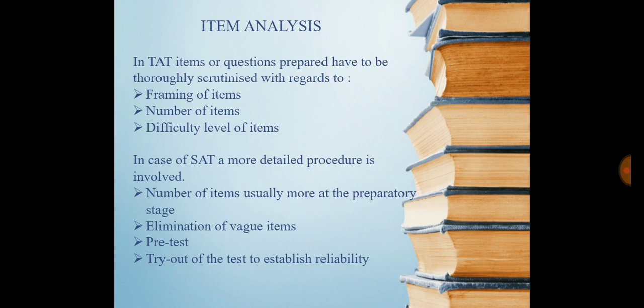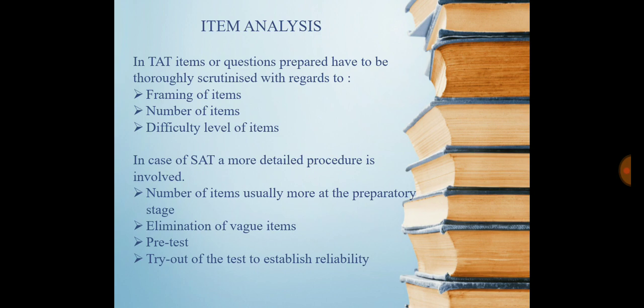Therefore, in teacher made achievement tests, items or questions prepared have to be thoroughly scrutinized with regards to the framing of questions, then the number of questions or items, and even the difficulty level of questions or items.